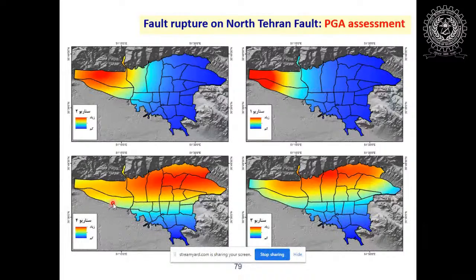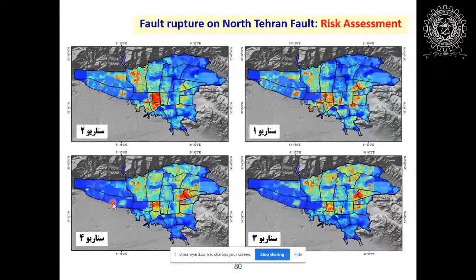You see that these are the deterministic assessments for the possibility of 4 different earthquake scenarios on this seismic gap. And this is the possible earthquake risk for these 4 scenarios.